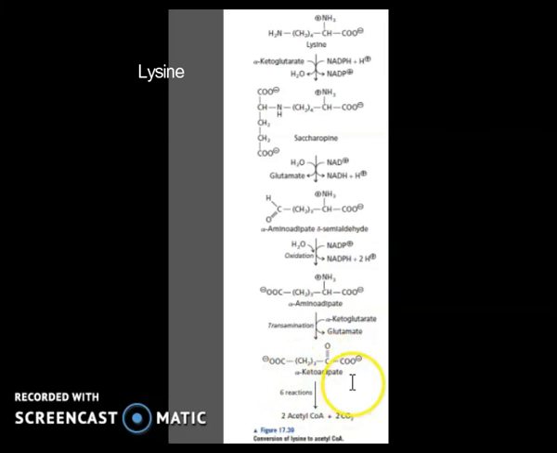Alpha-ketoadipate is subsequently converted to acetyl-CoA by the same steps that occur in the degradation of tryptophan. Like leucine, lysine is ketogenic. For your information, leucine and lysine are the only common amino acids that are purely ketogenic.